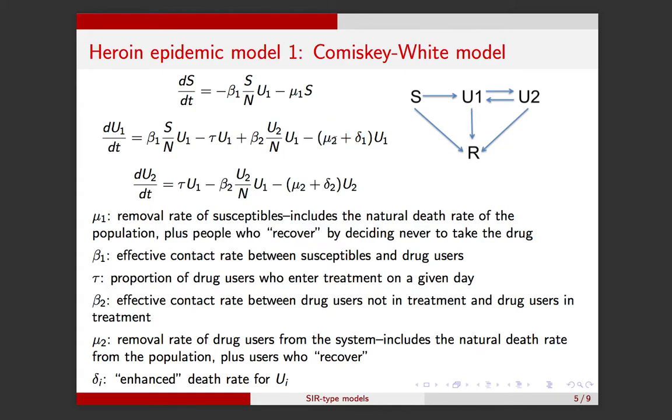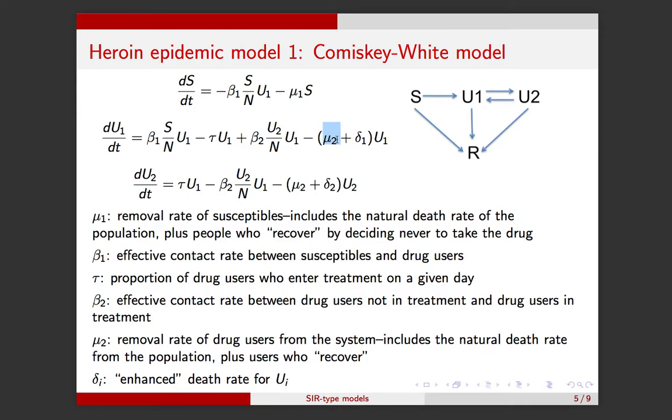So this mu2 parameter is the removal rate of drug users from the system. This includes the natural death rate from the population. So if you are a heroin user, you can still die from other causes not related to heroin, right? You can die from cancer, whatever. So that's included in mu2. Also, as I said up front, they assume that at any time, somebody can stop using, declare they will never use again, and then they will count as recovered. So mu2 also includes that.